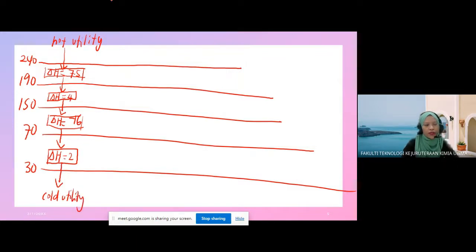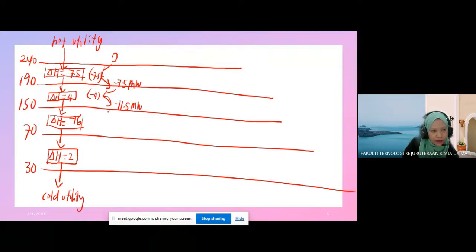Now, assuming there is no hot utility, you're going to cascade the heat from top to the bottom of the intervals, right? So you're going to subtract: negative 7.5, you get negative 7.5, and then this one minus 4, you get minus 11.5. This is megawatt.